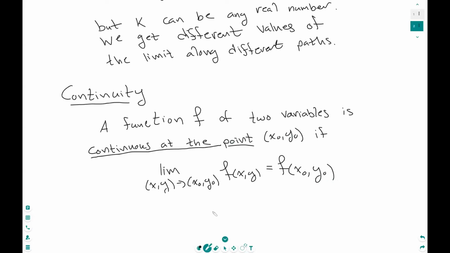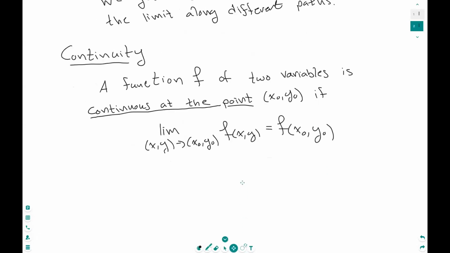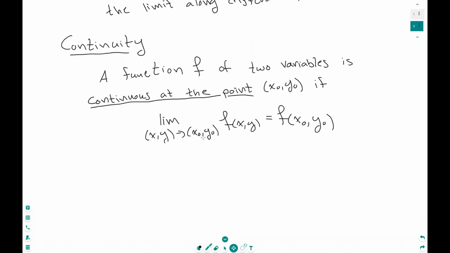And that's how we've defined continuity for functions of one variable, right? If you just plugged in those limit points into the function, you should get the limit, right? And that means we are continuous at that point.